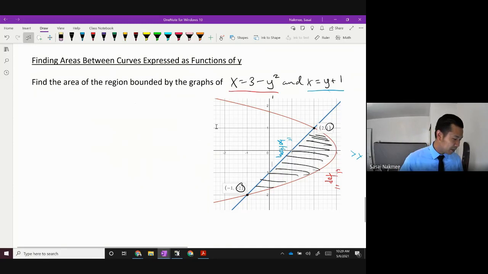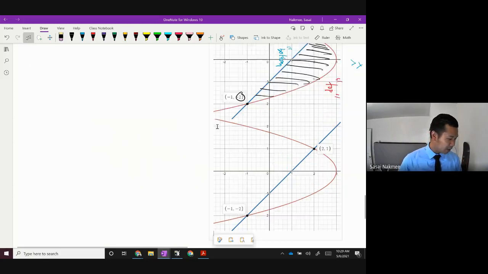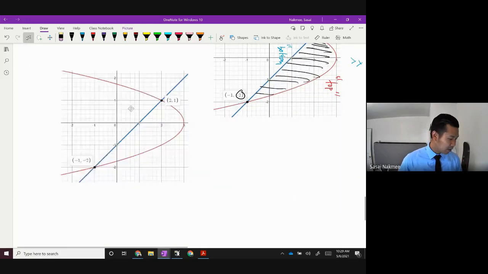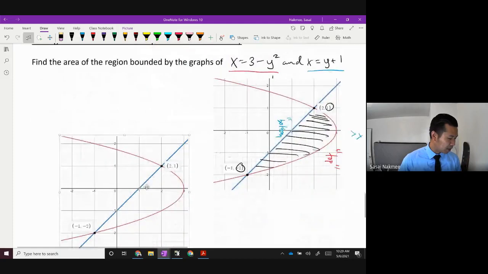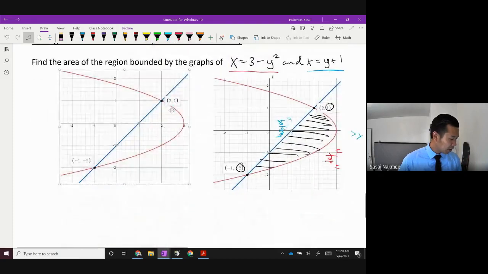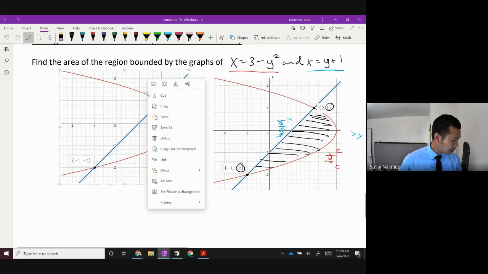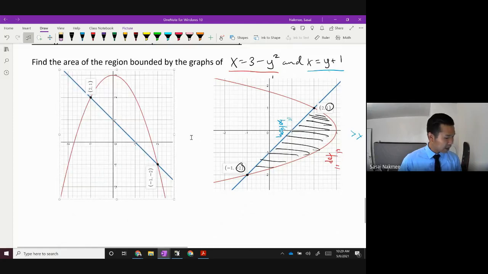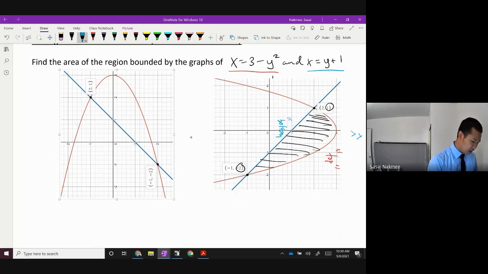Here, let me see if I can paste. Check this out. What I'm essentially asking you to do is rotate this. See that? So I'm asking you to do it this way, and to do the integral from, again, let's write this out. This one is my, quote, top function.